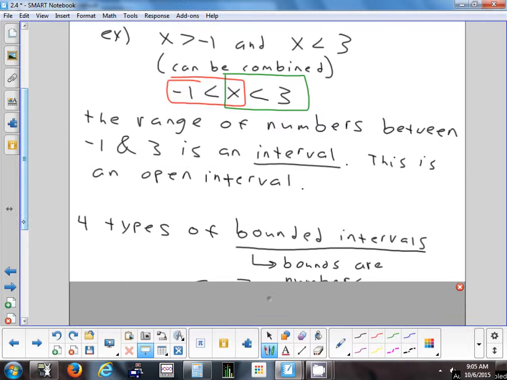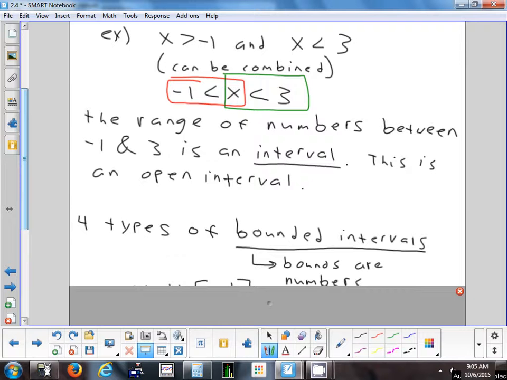The types of intervals we're going to look at right now are what we call bounded. A bounded interval means that at the end of each interval, you have a number, like we do here, from -1 to +3. Those are my bounds, and they're numbers.